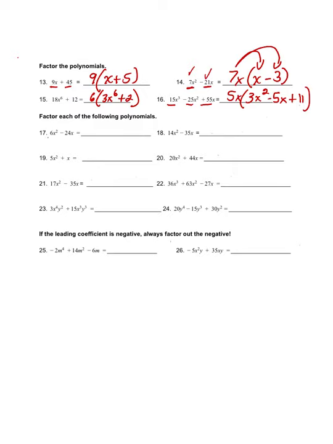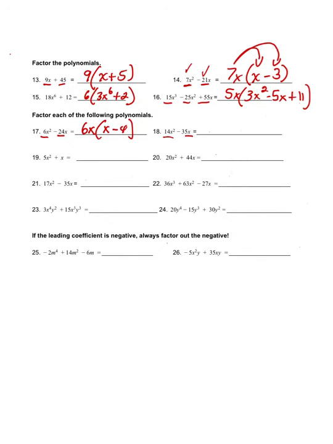So the greatest common factor is 6x, and we undistribute, it leaves us with x minus 4. 18, the greatest common factor is 7x, leaving us with 2x minus 5, all right? For 19, the greatest common factor is actually x, and then you have 5x plus 1.